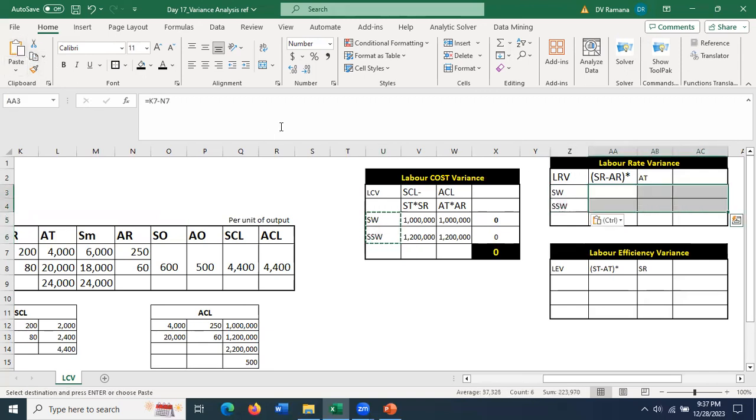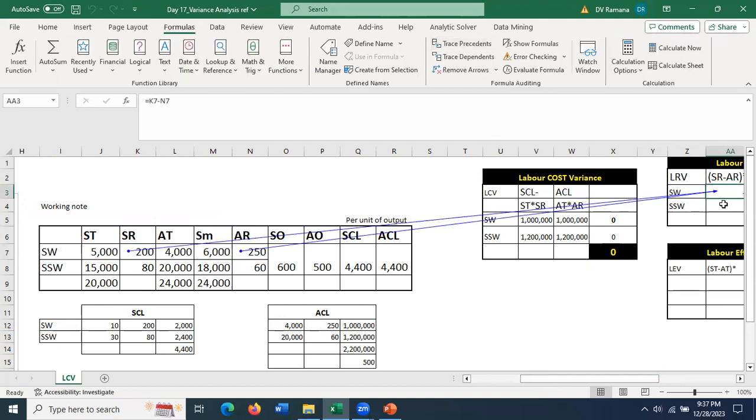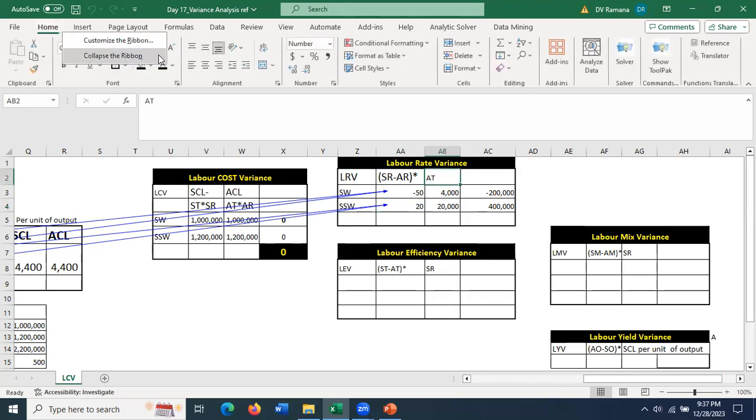We can see that for skilled workers, we have paid more, 200 to 250. For unskilled workers, per hour, we paid less. So labor rate variance is equal to standard rate minus actual rate into actual time paid.